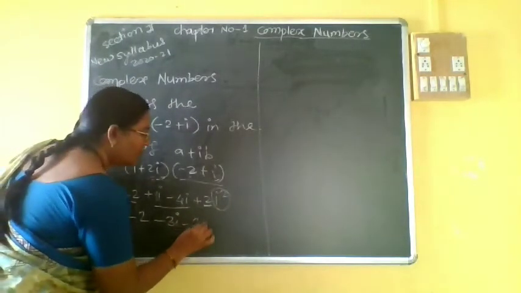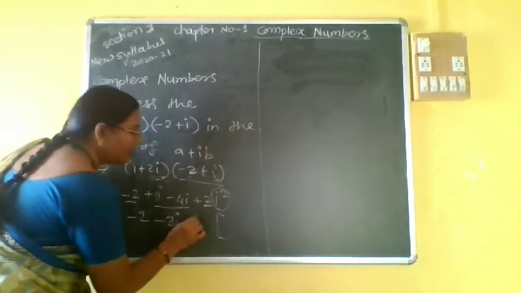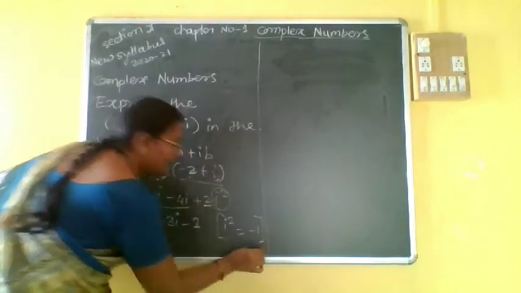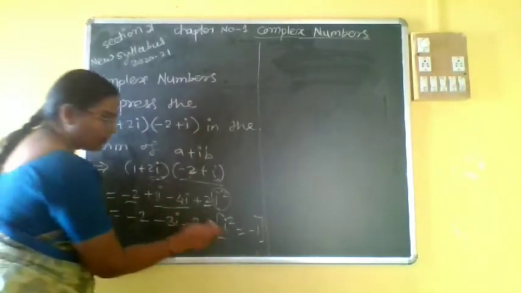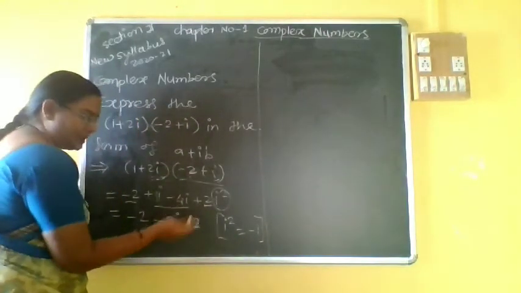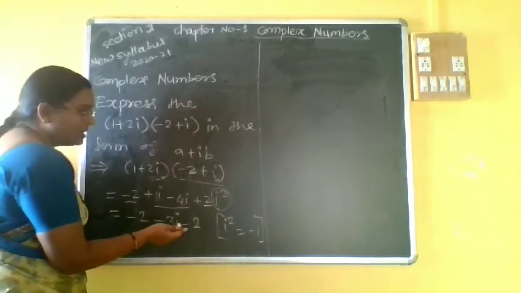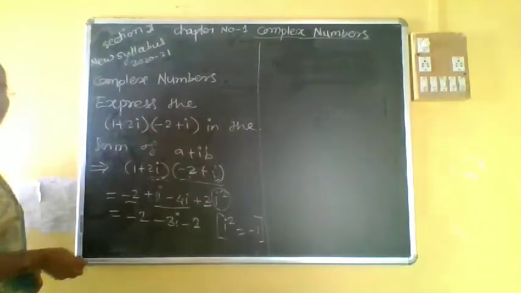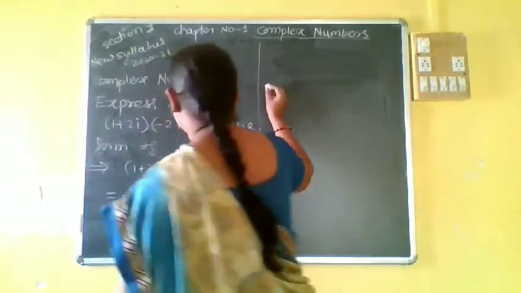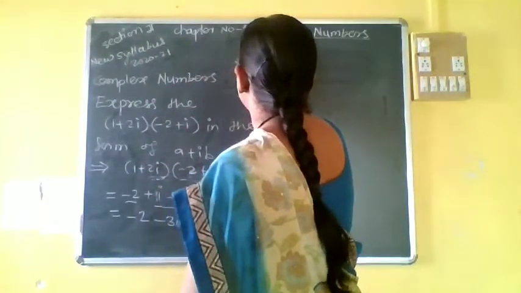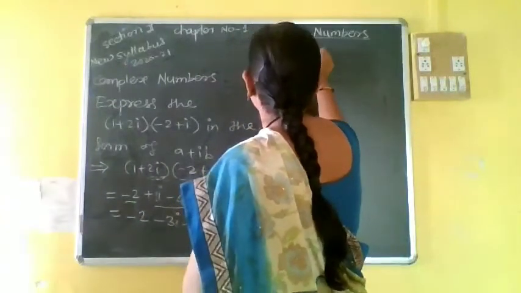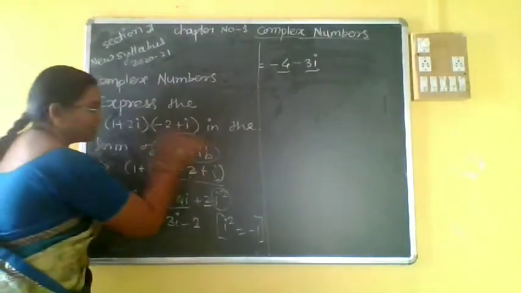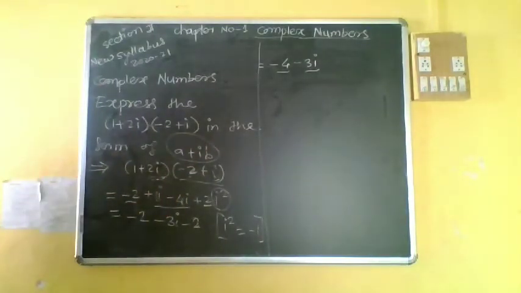So 2i² becomes -2, because i² is equal to -1. Putting in this value, -2 and -2 together become -4. So the result is -4 - 3i, which is in the format a + ib.